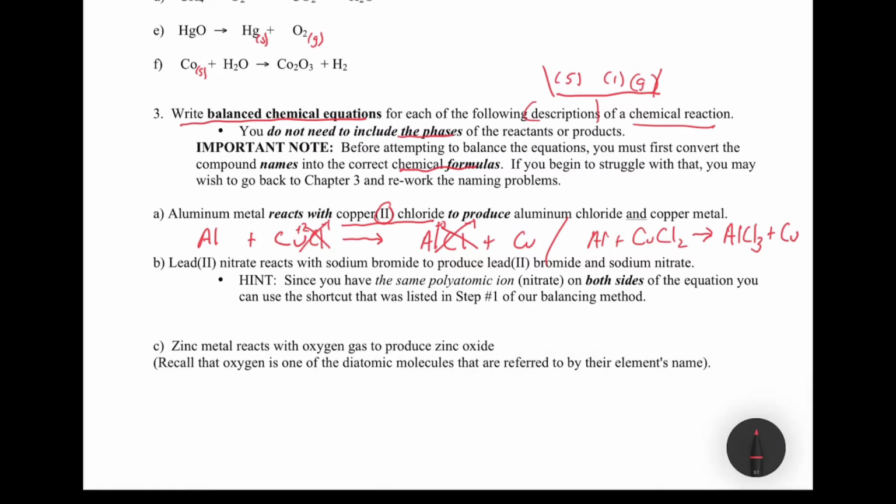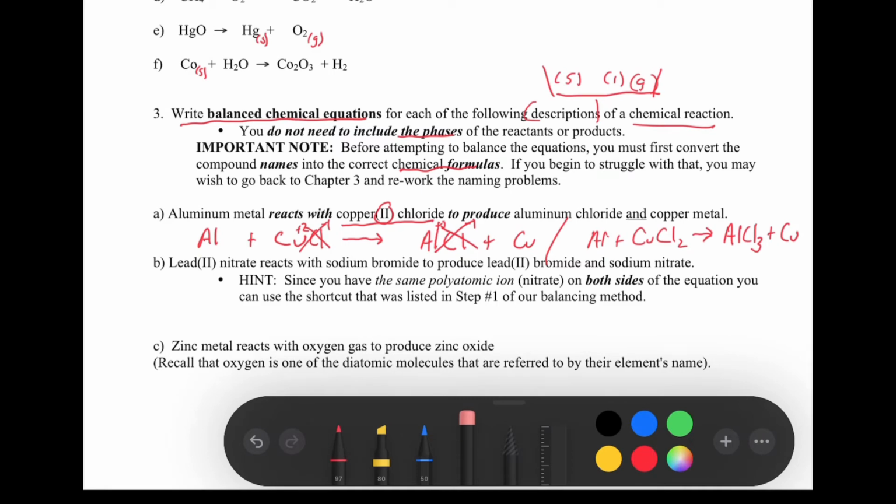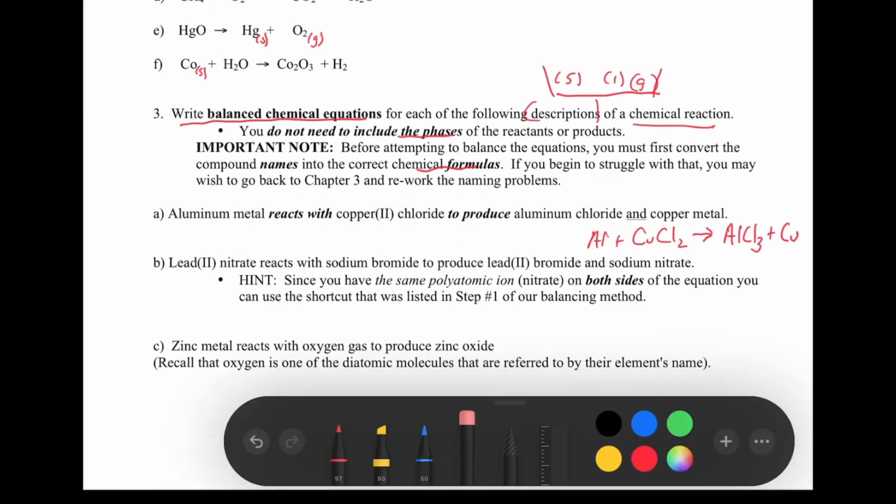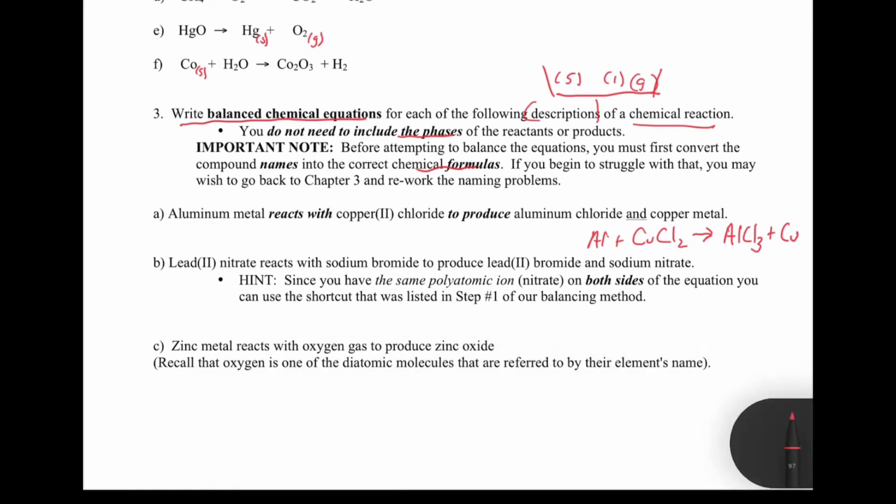Now, let's balance it, okay? In this, we have aluminum, we have copper, we have chlorine. On the left, on the reactant side, we have 1 aluminum, 1 copper, and 2 chlorines.